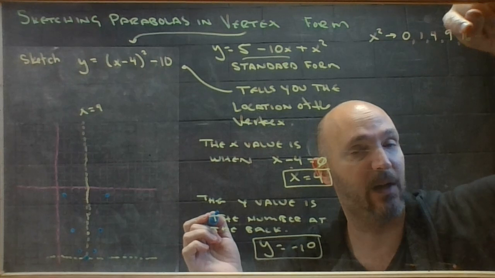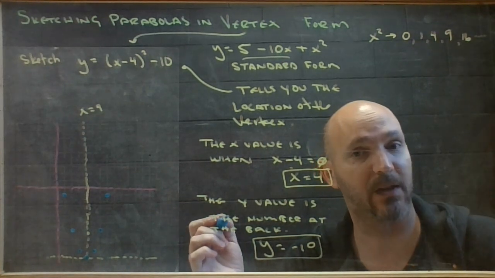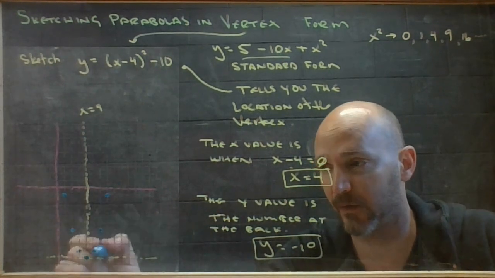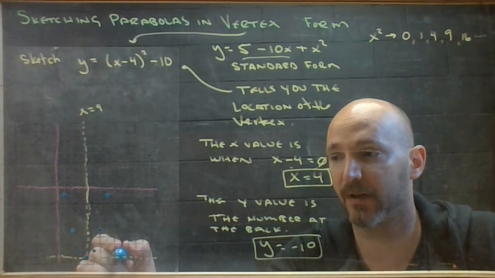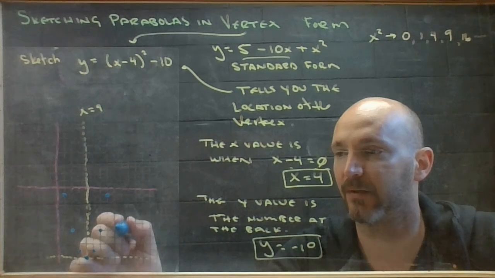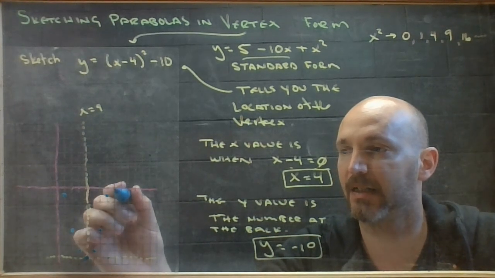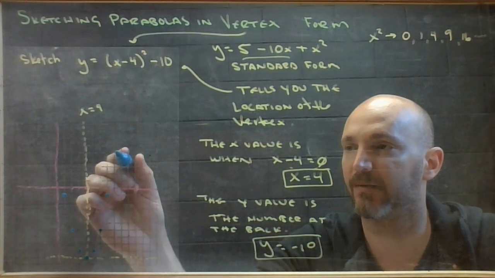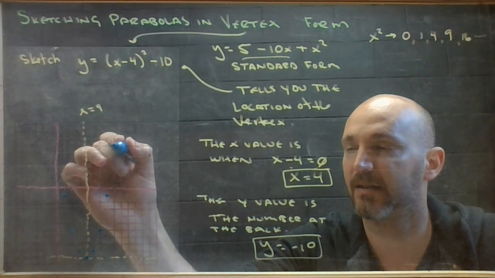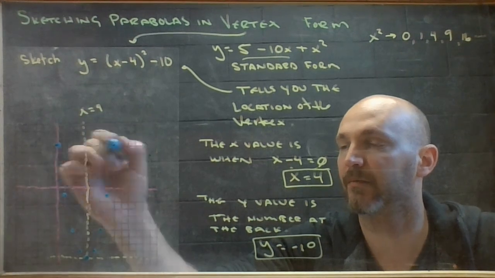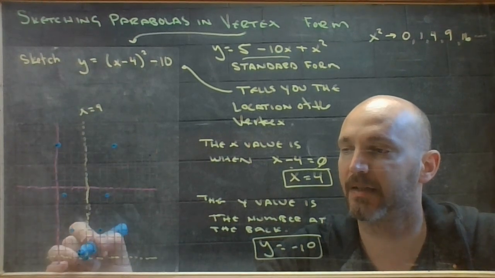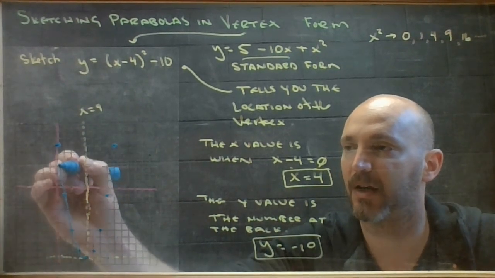Next square value up would be 16, because 4 times 4 is 16. So from this vertex, 1, 2, 3, 4 steps over. Then 16 steps up. So I end up with this nice parabolic shape.